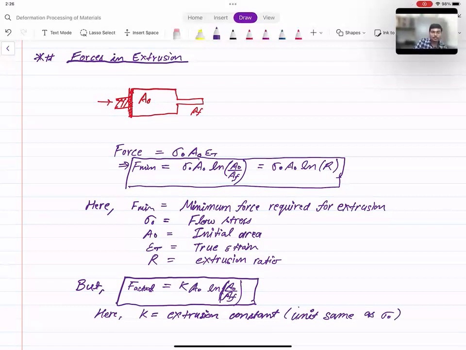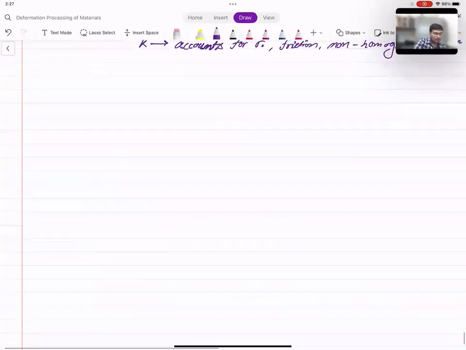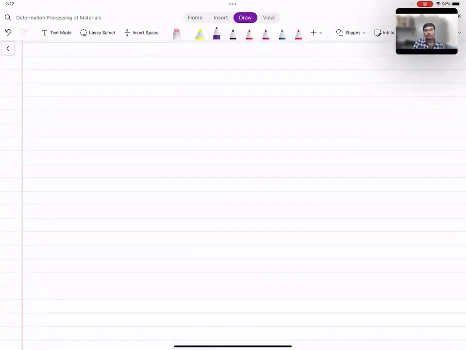And this K accounts for sigma naught, friction, and non-homogeneous deformation.